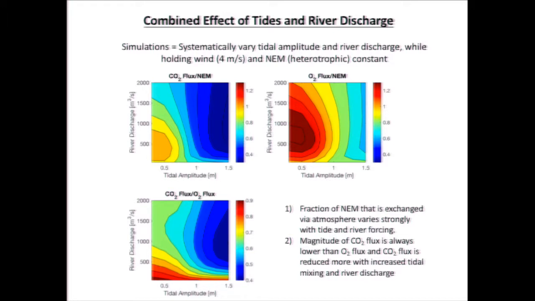You see that at low tidal mixing, it's always less than 1. So the CO2 flux is outgassing always at a lower rate than oxygen is influxing, and that has to do with the prescribed carbonate chemistry of the system. Essentially, mixing turns PCO2 into bicarbonate, and so it really favors advective export as you crank up the mixing.